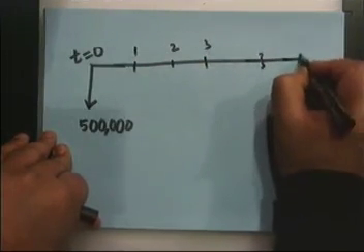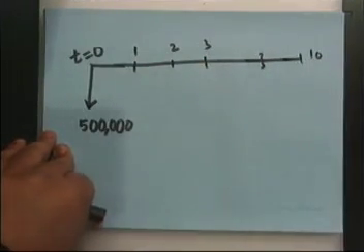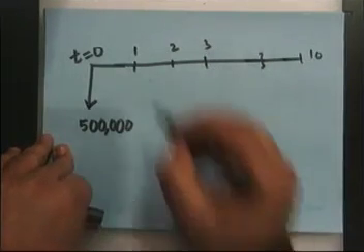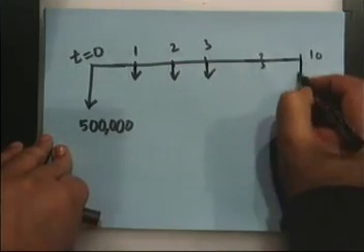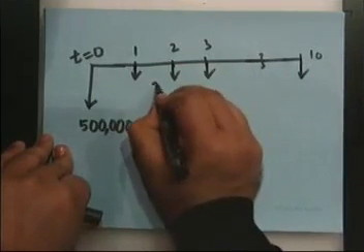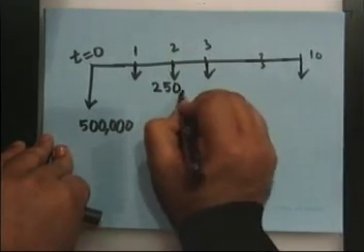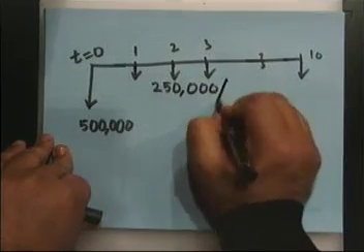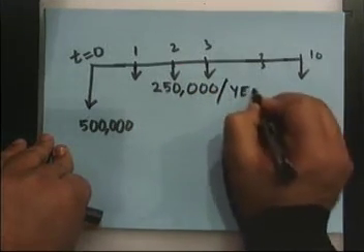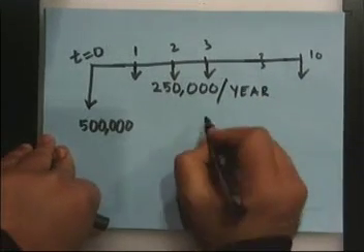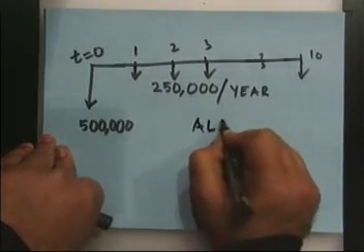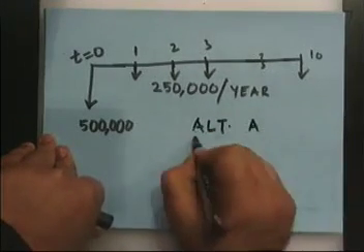This is, let us say, time 10, t is equal to 10. Now, every year I have to pay rupees 250,000 per year. So, this is the cash flow diagram of alternative A.